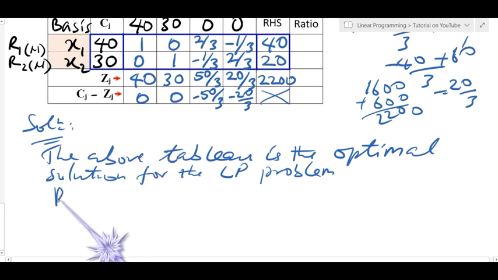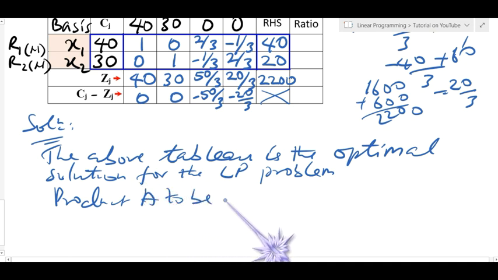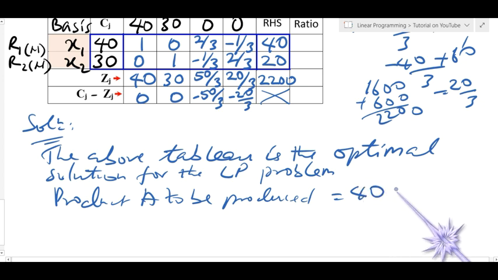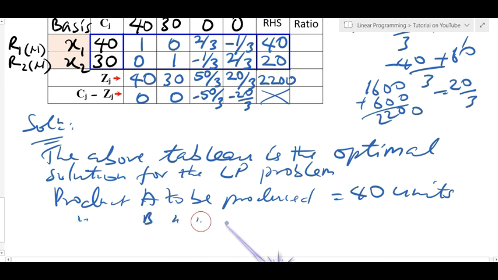Now say product A to be produced is equal to 40 units. Product B to be produced is equal to 20 units.